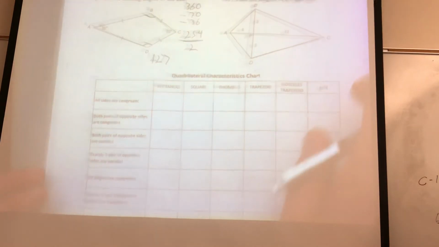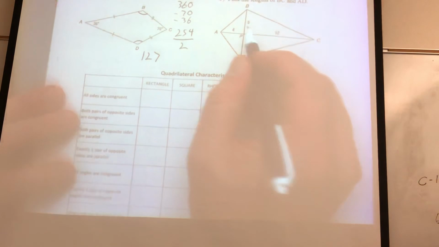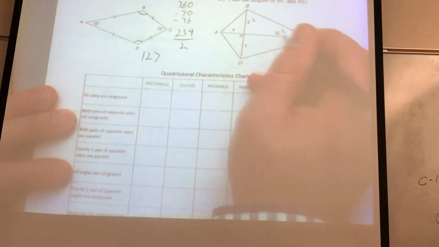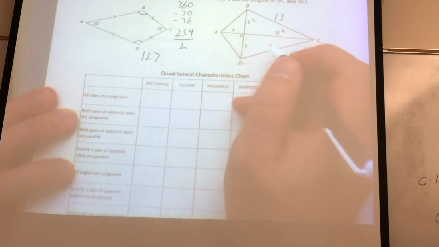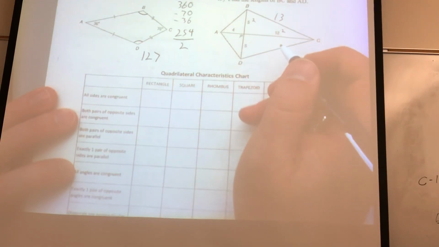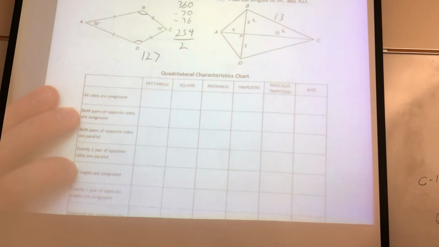On the last one here, find BC and AD. It's 5 squared plus 12 squared. This is going to be 13. And let's see, AD, 4 squared and 5 squared. 4 squared plus 5 squared is going to be 41.